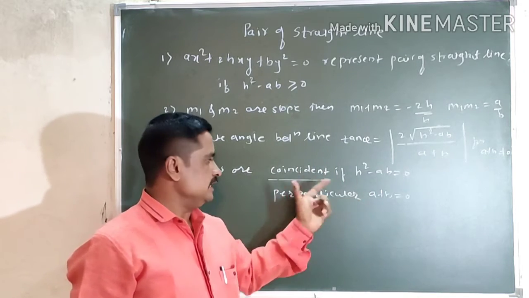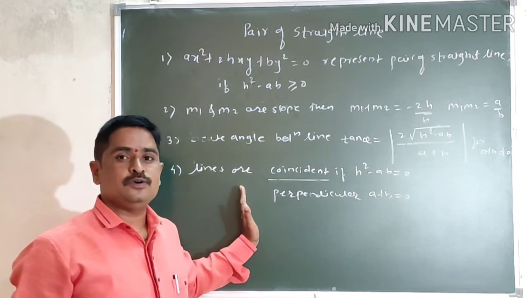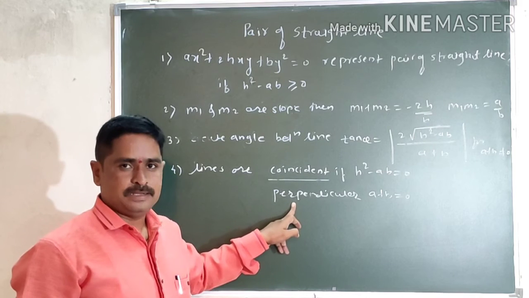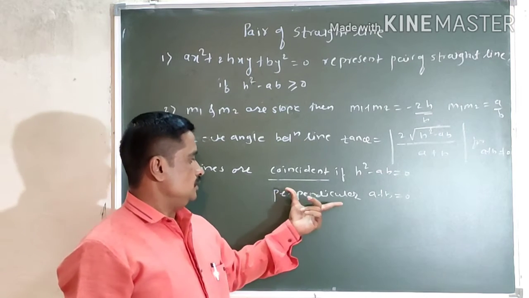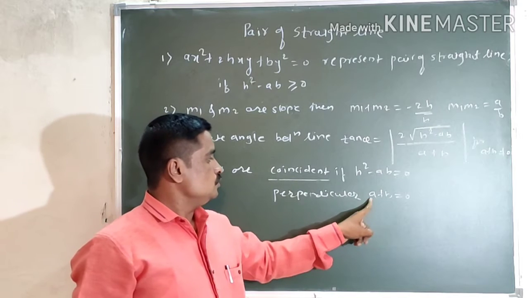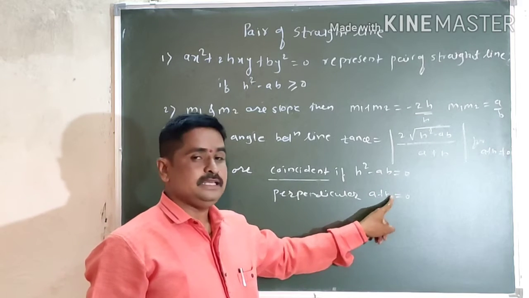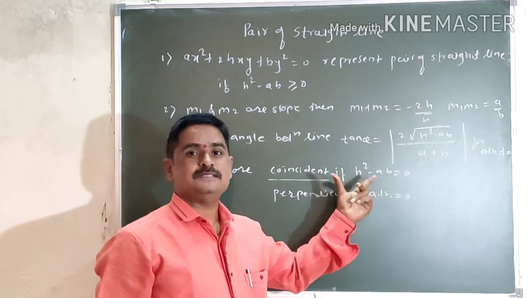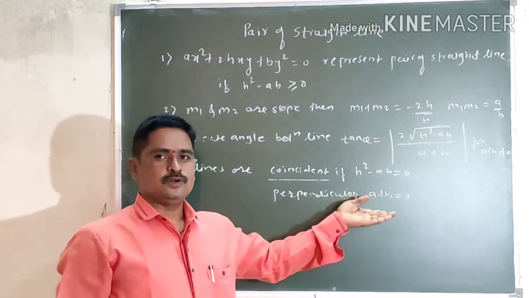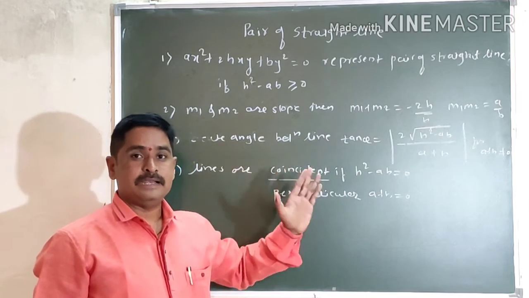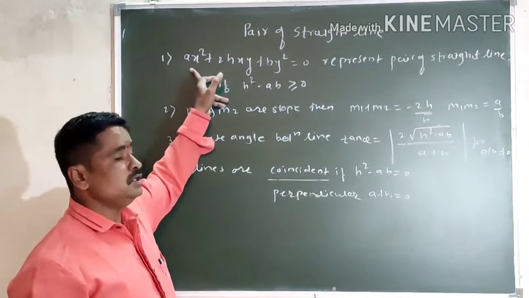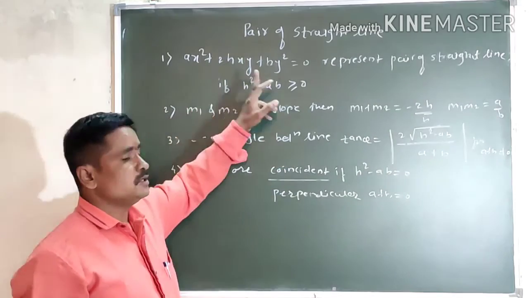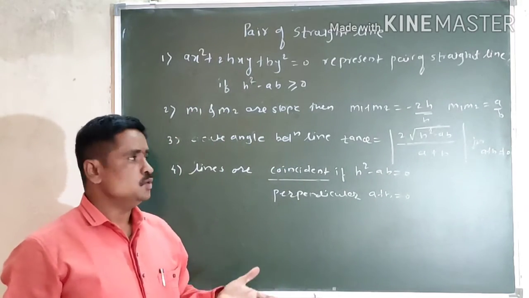Again, if we have to show that the lines are perpendicular, we have to show that a plus b equals 0. If a plus b equals 0, then we conclude that the lines are perpendicular to each other. So these are important points depending on the homogeneous equation of a pair of straight lines passing through the origin.